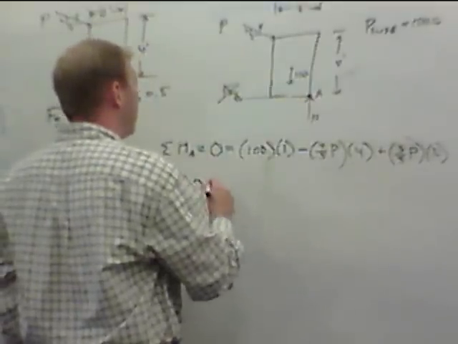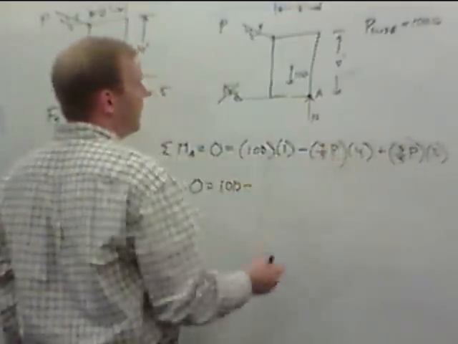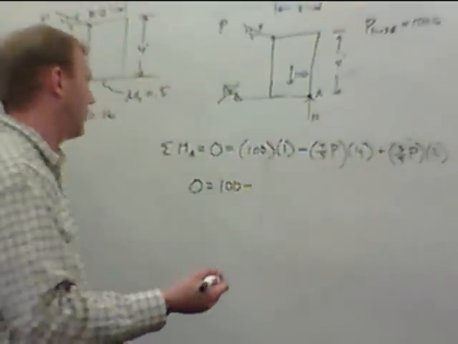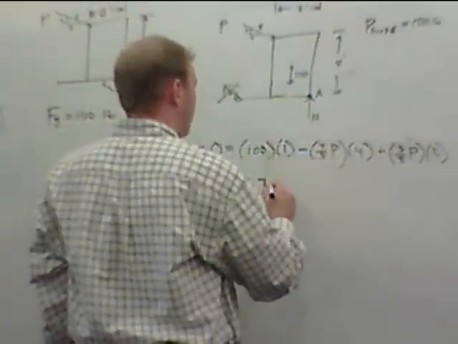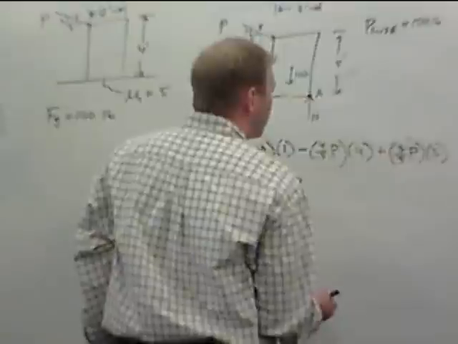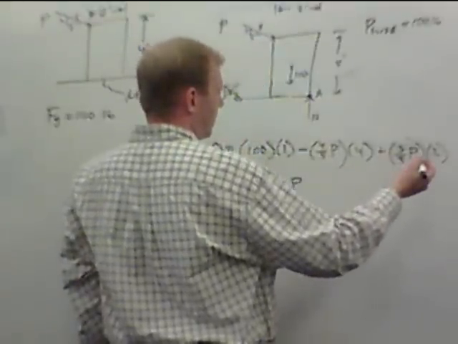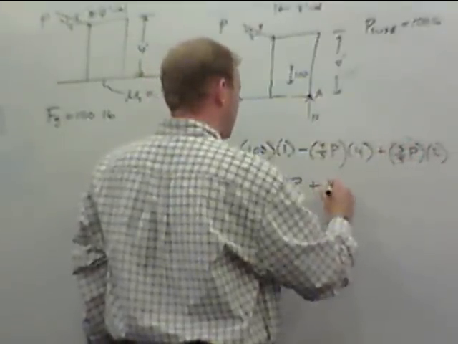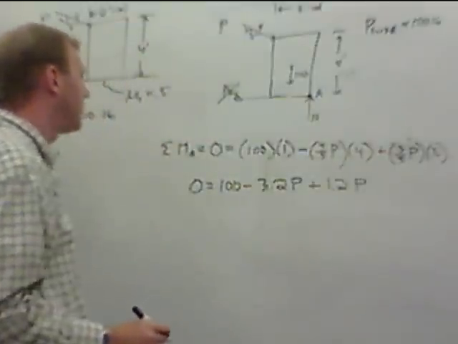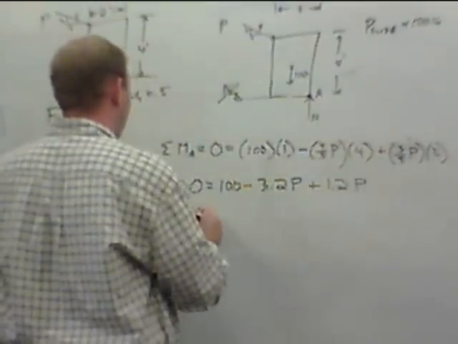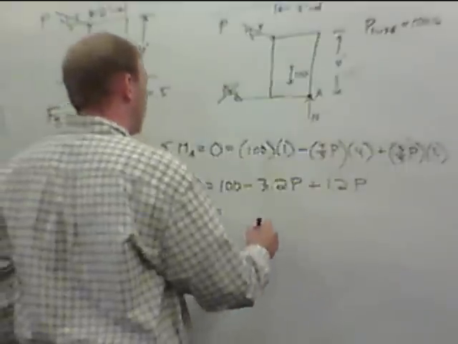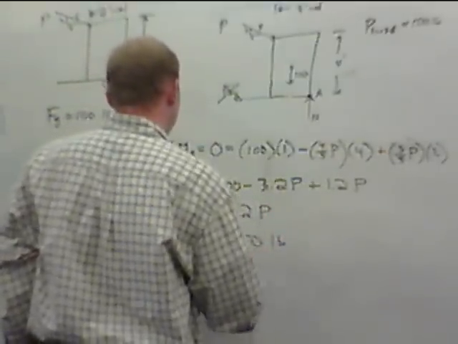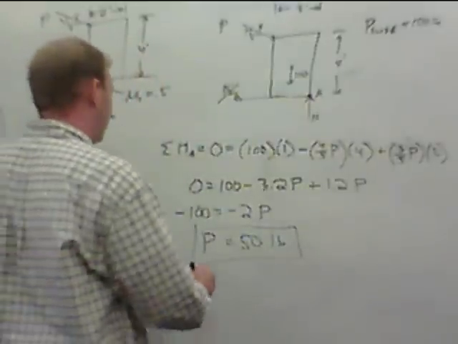So we have 0 equals 100 minus 4/5 times 0.8 times 4, which is 3.2, so minus 3.2 P, plus 1.2 P. Okay, I'm going to bring this negative 100 over: equals minus 3.2 plus 1.2, which is minus 2P. P ends up equaling 50 pounds. So this is P for tipping.